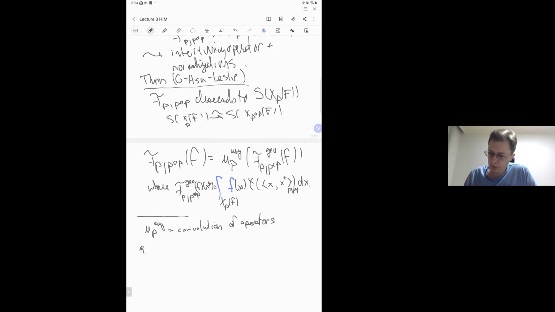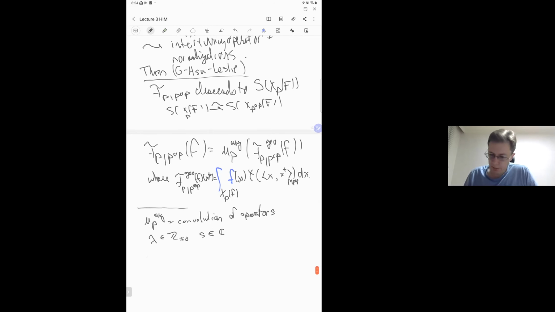They depend on parameters lambda that are non-zero integers, and s that are complex numbers, and they're given by lambda factorial mu s f of x. I'm imagining my function as being some smooth function on xp, actually xp op in this.